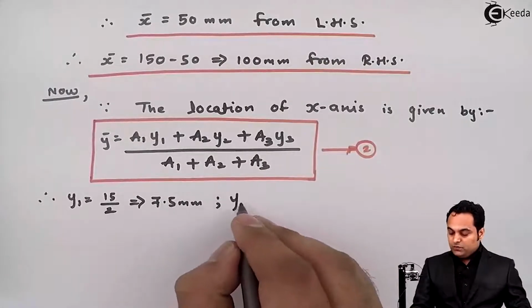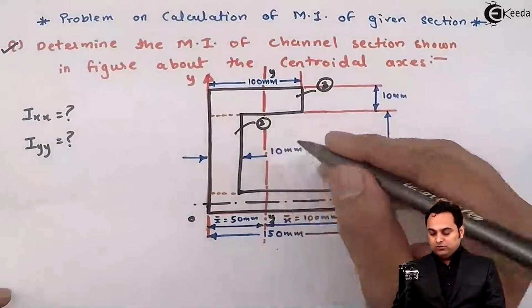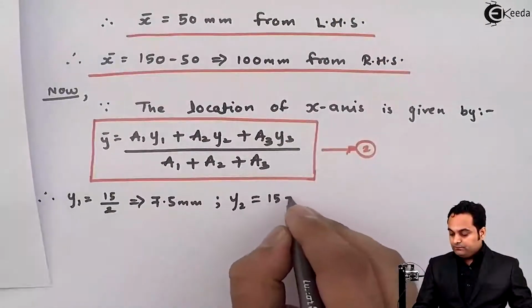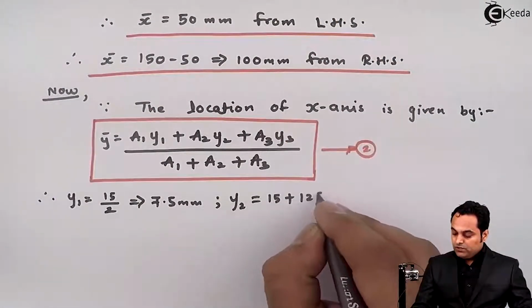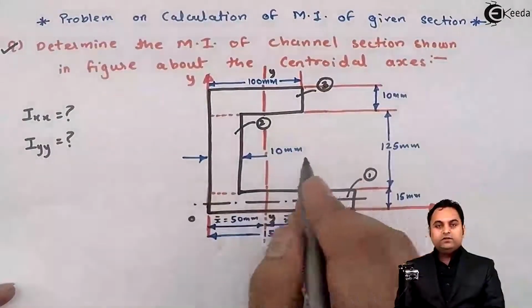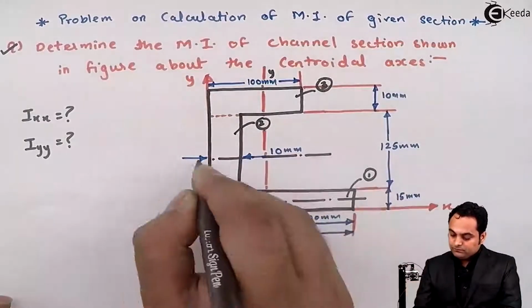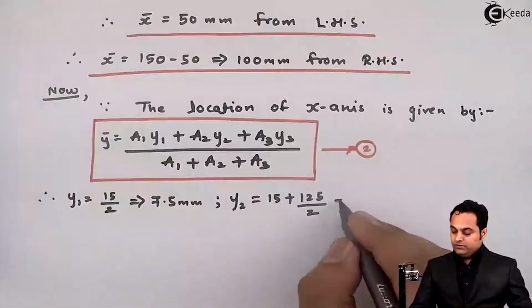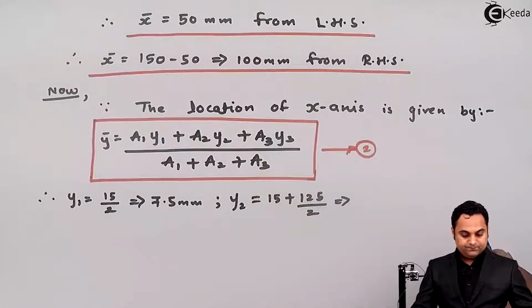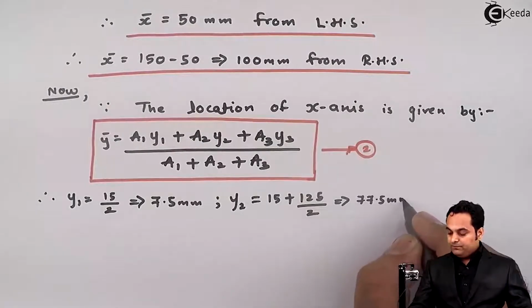Next, y2 value will be, since we have rectangle 2 after 15 mm, so it is 15 plus half of 125, where we would have the x-axis for the second rectangle. So this value of y2 comes out to be 77.5 mm.